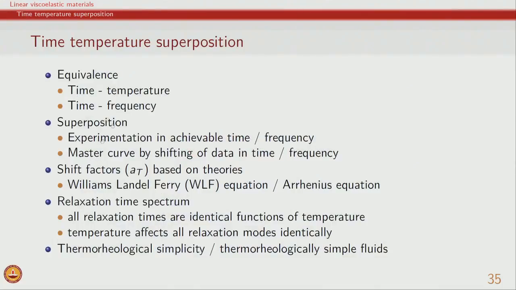Superposition is basically done where experimentation is done in achievable time and frequency, and then by shifting of data you construct a master curve which can give you additional time and frequency. And as I said, what provides a little stronger foundation to this empirical exercise is the fact that the shift factors depend on temperature in a given way.